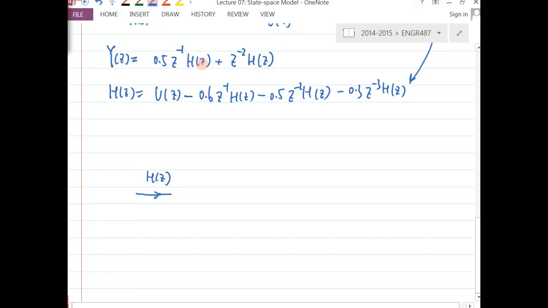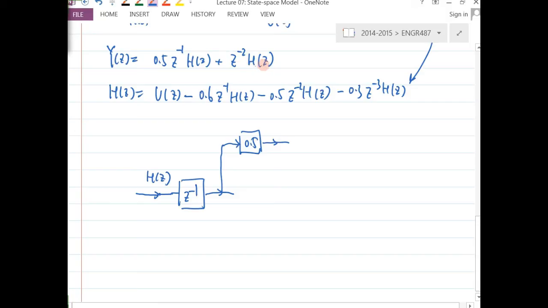It's h of z passing through 1 delay, right? And the signal out of this delay, and then times 0.5. Make sense, right?